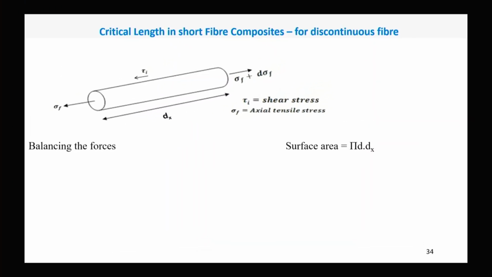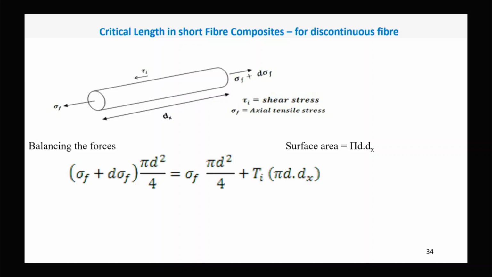That's a critical length. Now the balancing force, if you can see here, the surface area of the fiber is pi d, where pi d is the circumference of fiber cross section, and dx is the length in our consideration. That's the total surface area.